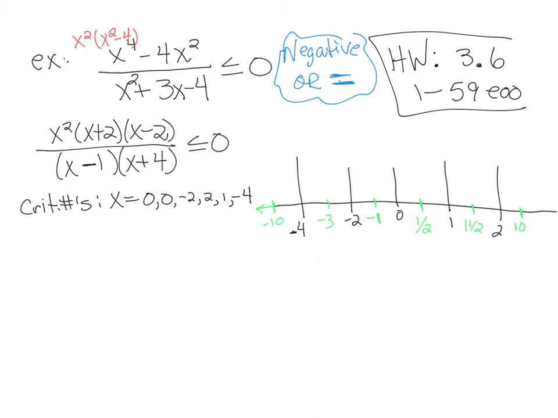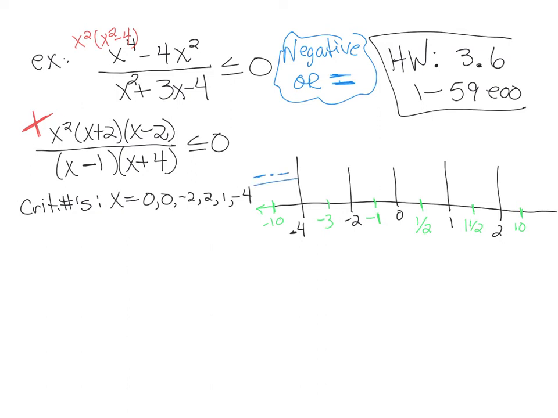All right, let's check things out. When I take the minus 10, I plug it in here. That guy is always going to be positive. I don't have to check him, I only have to check the other guys. So when I plug in a minus 10, I get a negative and a negative on the top, so I have a minus times a minus.